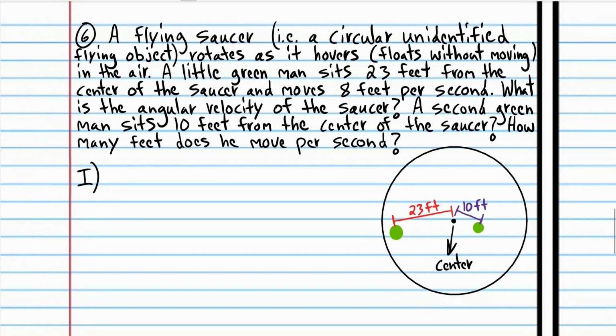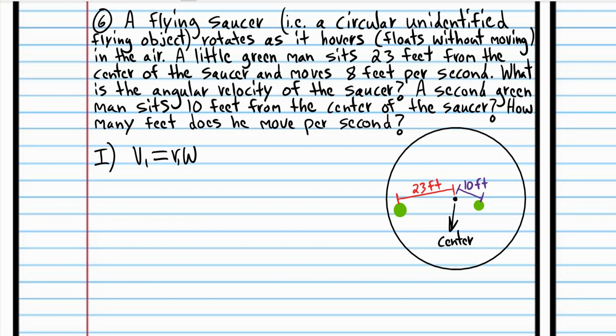The first step is to find the angular velocity, and we know the linear velocity of the Martian that's farther out from the center. We have this formula here. We know the linear velocity of the Martian man that's 23 feet from the center.